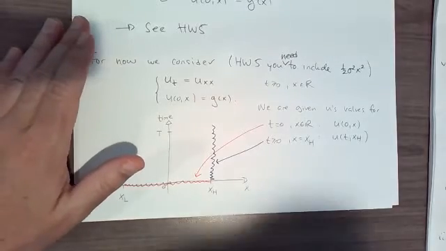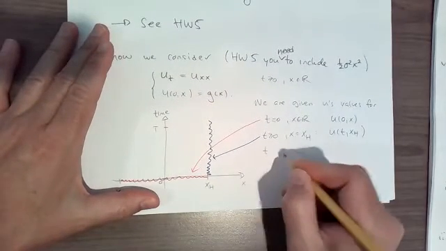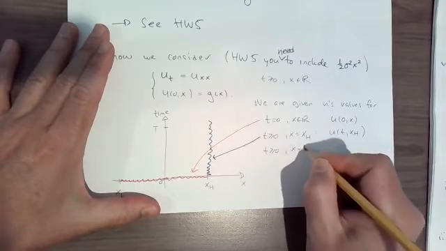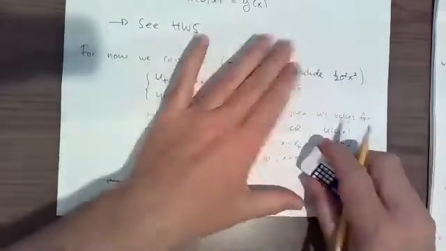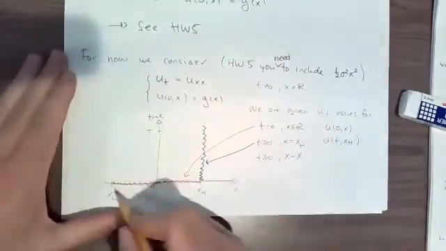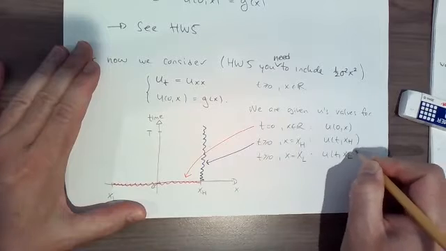And then finally, we've also been given the values of U when T is positive and X is small. This is when X is at the lower threshold, XL. This is U(T, XL).